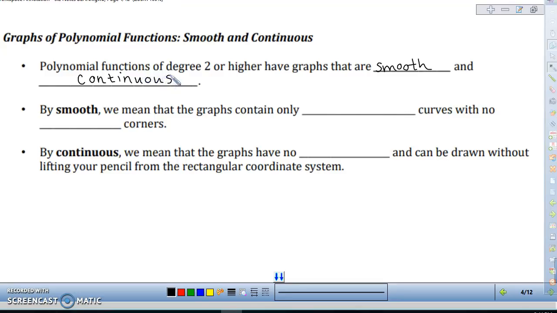By smooth, what we mean is that the graphs contain only rounded curves with no sharp corners, meaning those absolute value functions that we just talked about, not going to cut it for this unit. By continuous, we mean that the graphs have no breaks, and ideally, they can be drawn without having to lift up our pencil from the paper.